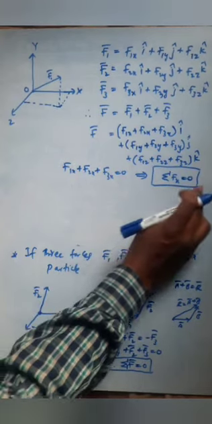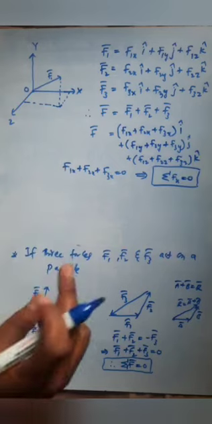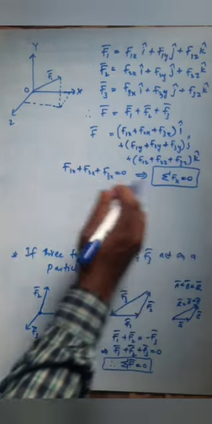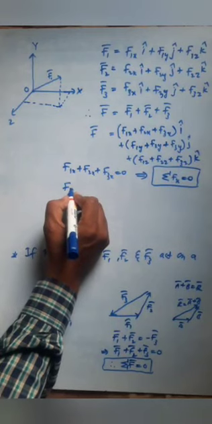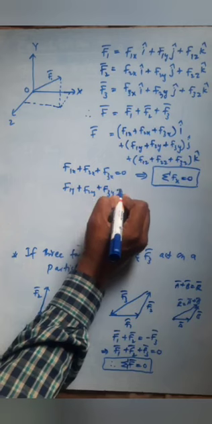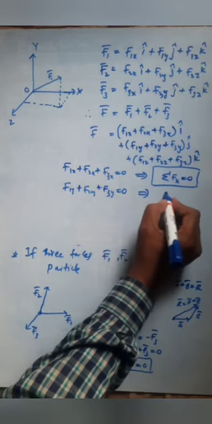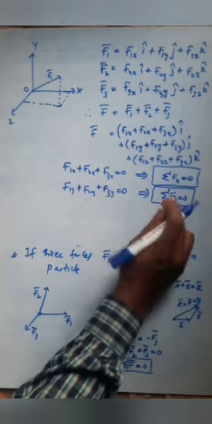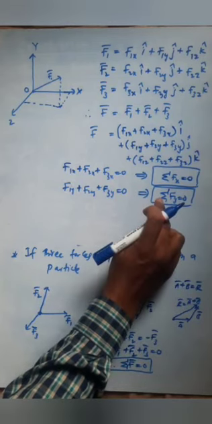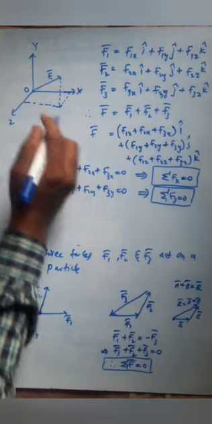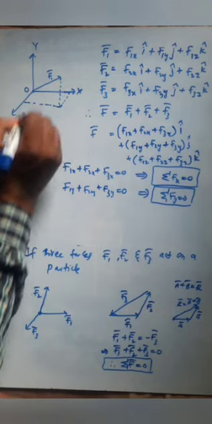Similarly, if the particle is in equilibrium, the net force along the x-axis is 0. Similarly, F1y plus F2y plus F3y is equal to 0, so summation of Fy is equal to 0. The net force along the y-axis is 0.